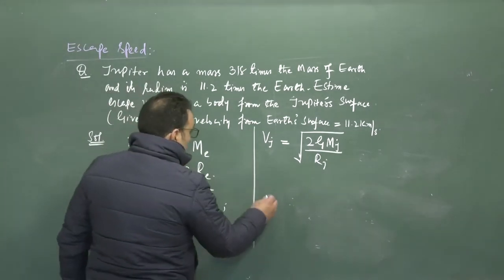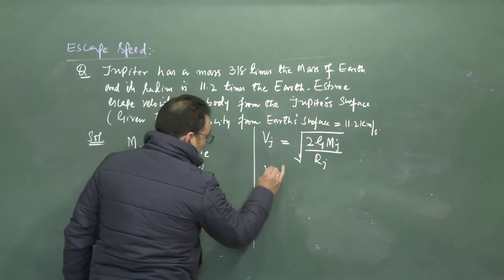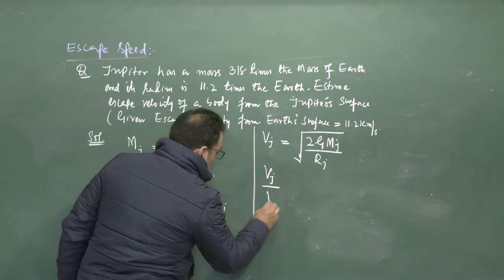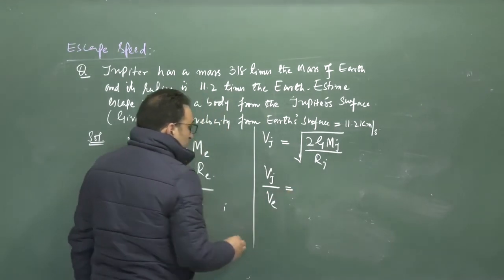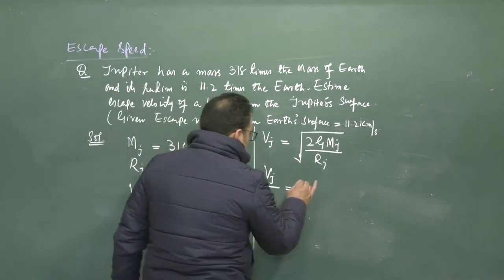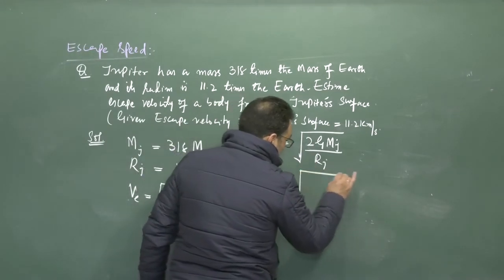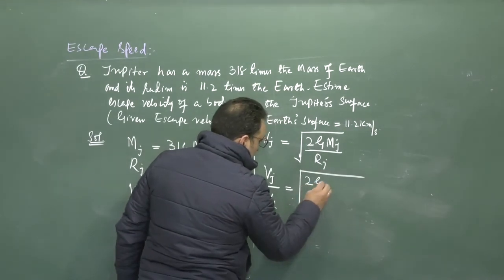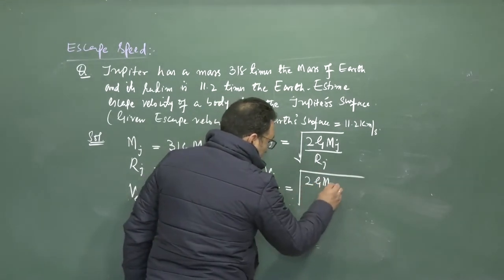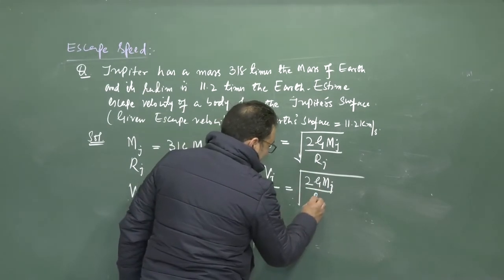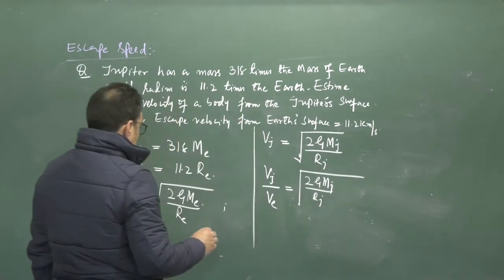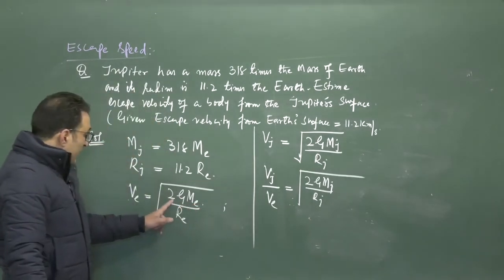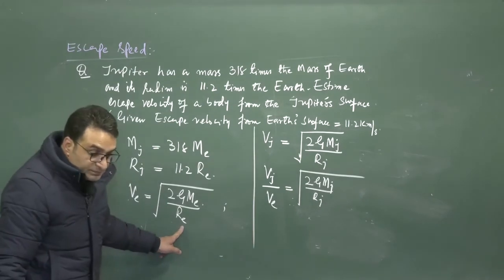Now, let me divide these two equations. I can write Vj by Ve is equal to under root of twice G Mj by Rj, then whole divided by under root of twice G Me by Re.